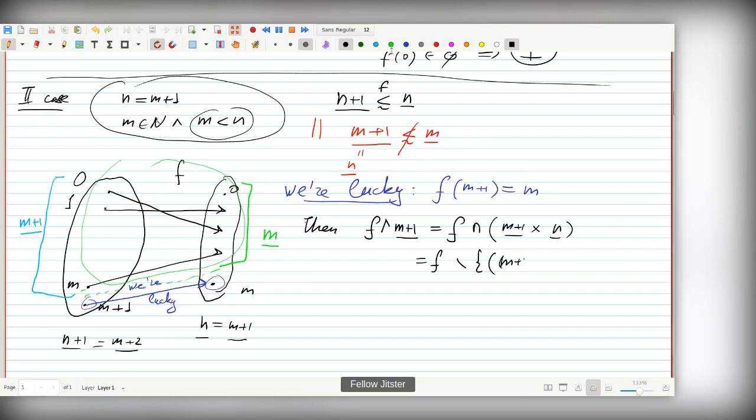So we are taking all pairs, all arrows from our function except the last one, all arrows starting at m plus 1. So this function, let's call it f prime. f prime is clearly a function from m plus 1 to m, and f is injective.